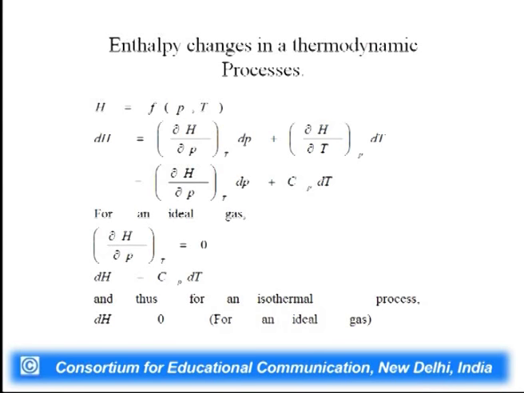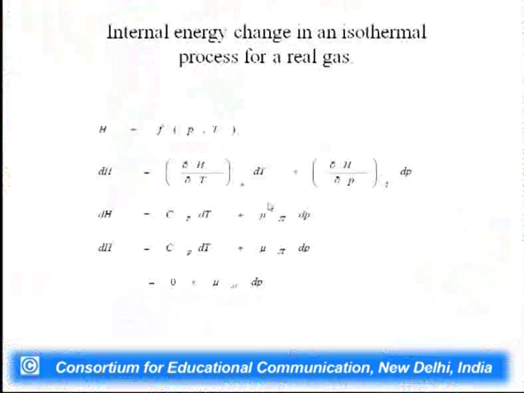So, dH is equal to Cp dT, and thus for an isothermal process, dH is equal to 0. For a real gas, we know that this mu_JT is not going to be 0, but since this is an isothermal process, Cp dT is 0. So, dH is simply written as mu_JT dP.